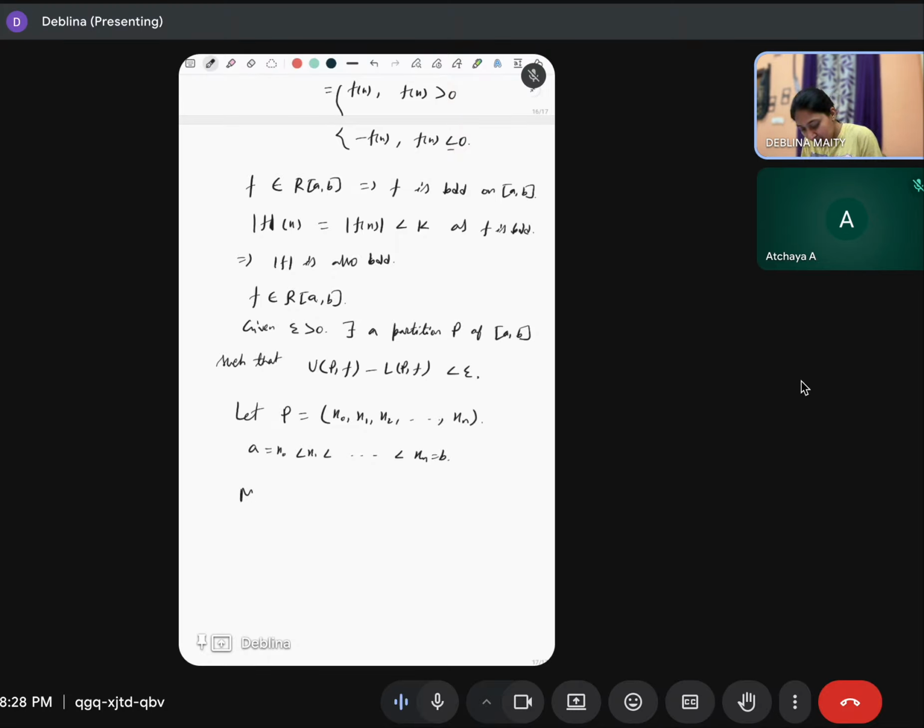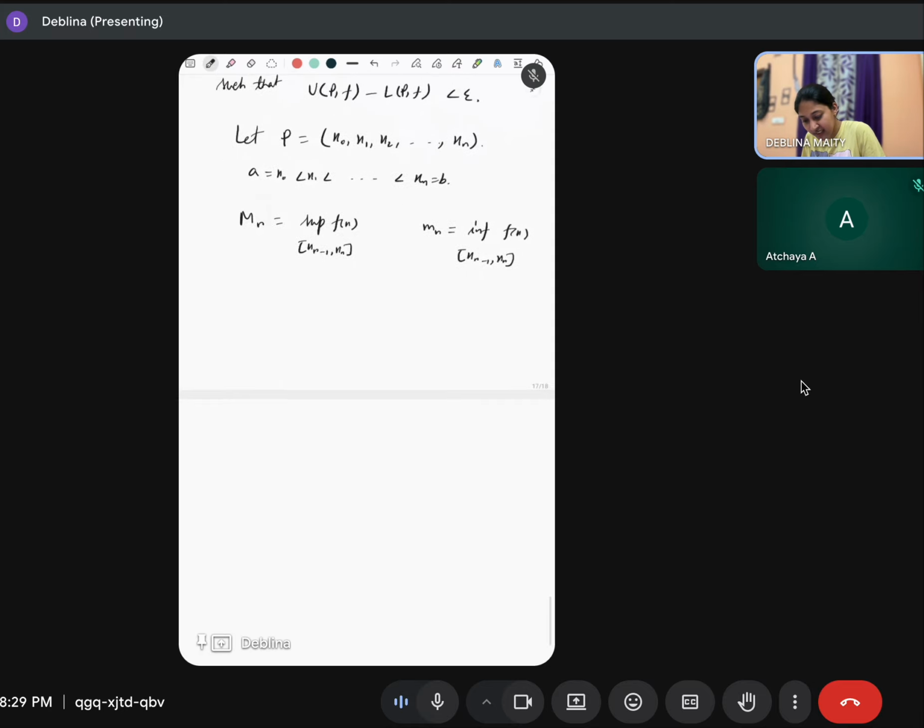Now what is M_r? M_r is the supremum of f(x) in [x_{r-1}, x_r], and small m_r is the infimum of f(x) in this interval [x_{r-1}, x_r].